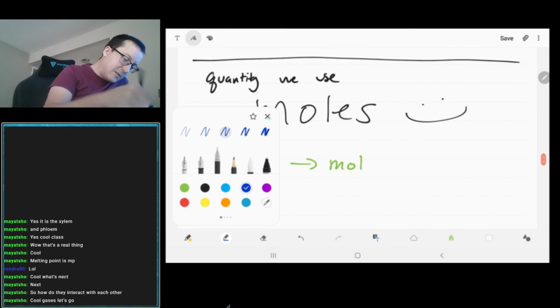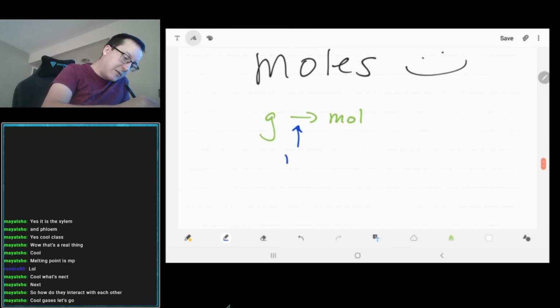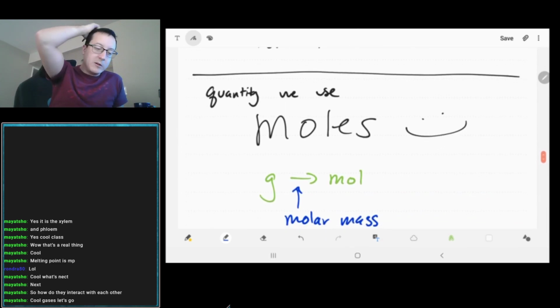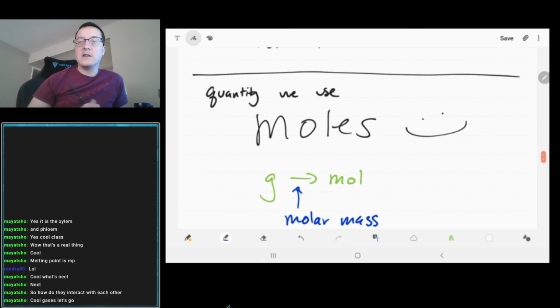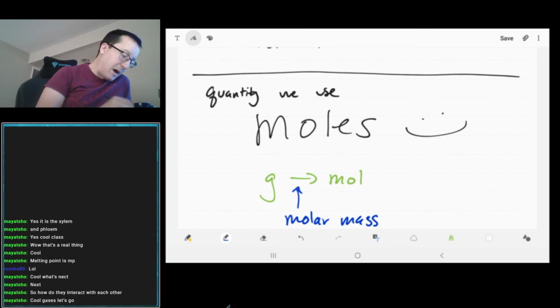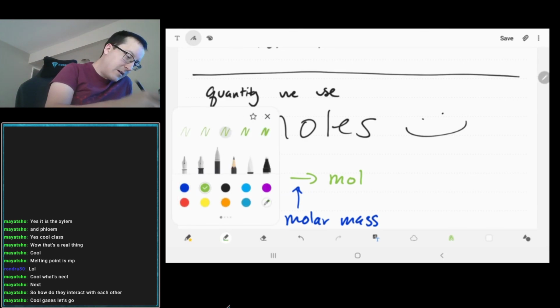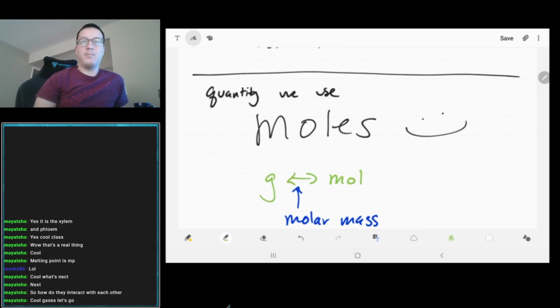We know how to do this because this conversion factor is called molar mass. So we're going to be using moles all the time in this chapter. So you may want to review going from grams to moles using molar mass. Or backwards. You can go moles to grams as well. So those are going to be kind of the quantities we're going to be talking about in this chapter, as well as units associated with them.